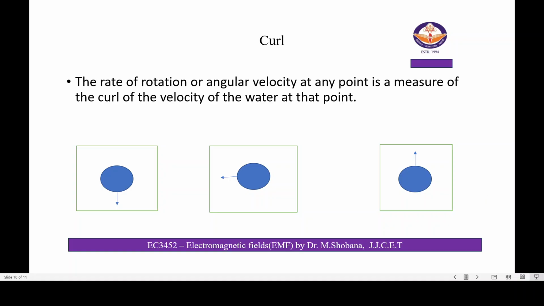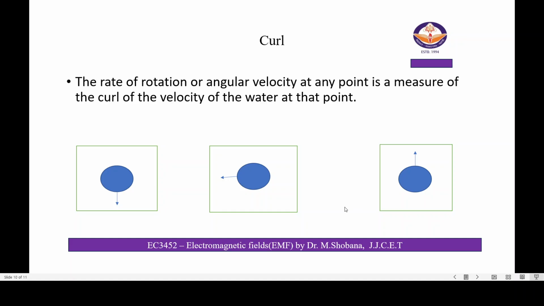So a positive value of ∂Vy/∂x will tend to rotate any structure, such as a leaf or a disk, in the counterclockwise direction, whereas a positive value of ∂Vx/∂y will tend to produce a clockwise rotation. So the rate of rotation about the z-axis is proportional to the difference between these two quantities.